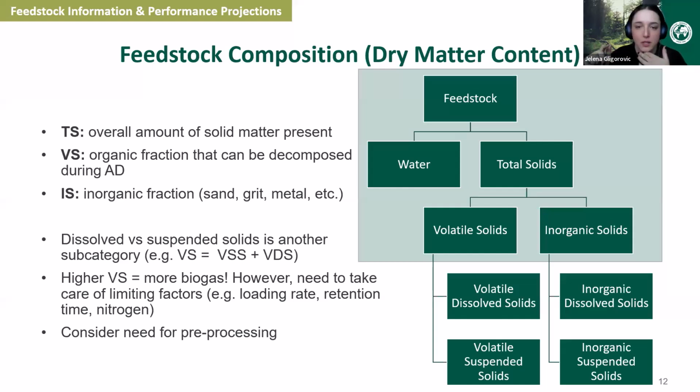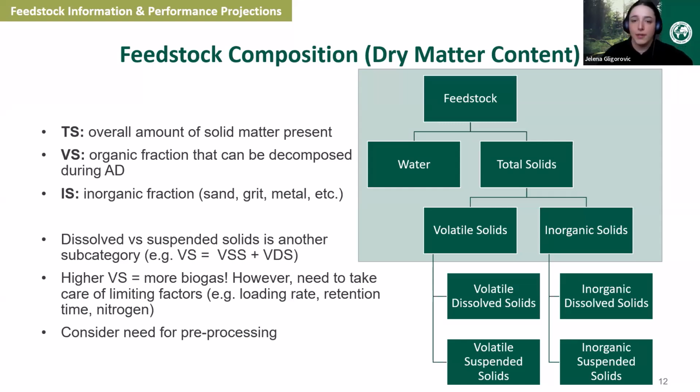The green square that I have around the top half of the diagram indicates what are typically the most important parameters for mass balance. And then the items at the very bottom that are not in that green square are important, but are not necessarily make or break in determining your biogas production or performance projections, but they are important for other pieces of equipment. So I did want to include them here as well.